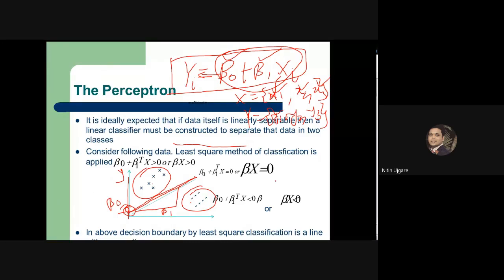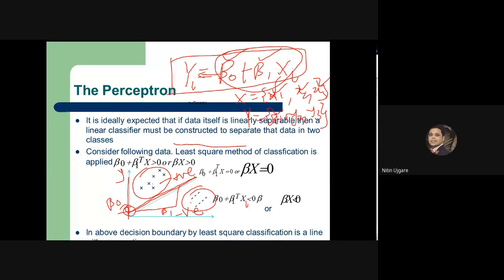So now if this is the case, how do I perform the classification of these instances? If the output value of any instance, that is this value, is greater than or equal to 0, then I will classify that instance to the positive class. If the value of this equation, beta 0 plus beta 1 into some xi, is less than 0, then I will classify that instance to the negative class.